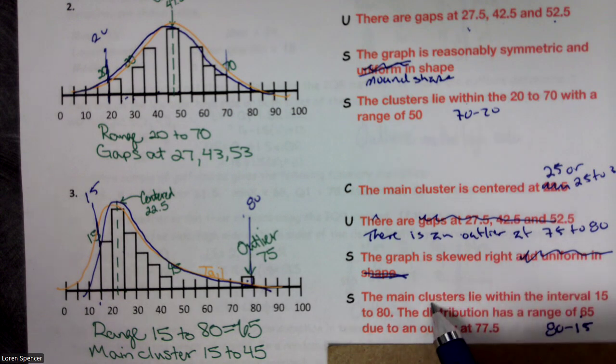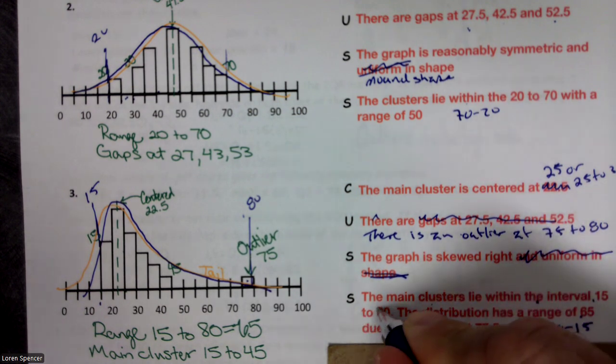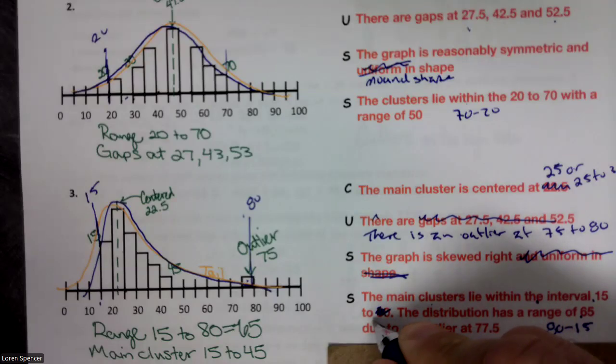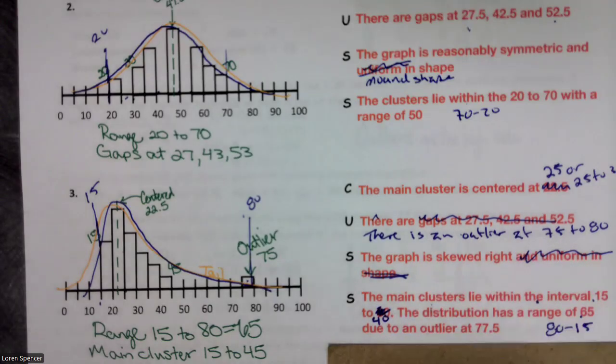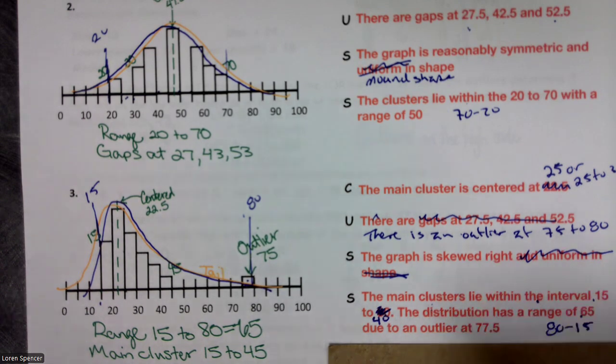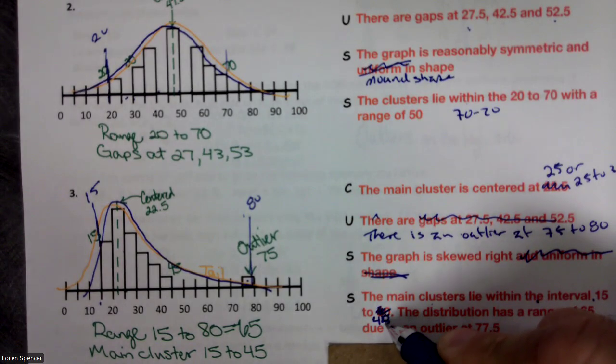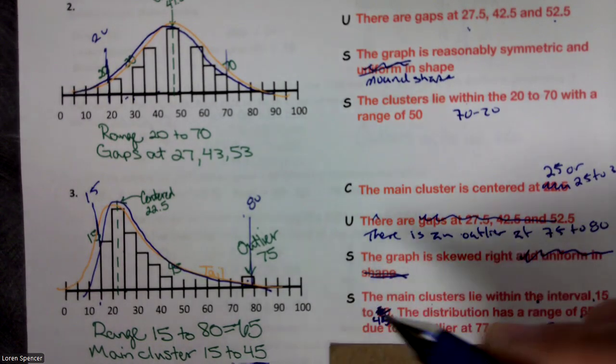We also want to talk about the main cluster, and the main cluster lies within the interval 15 to 45. I'm sorry, 15 to 45, which is what it says here.